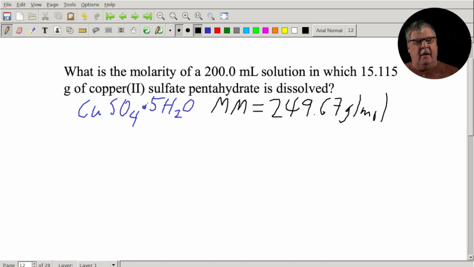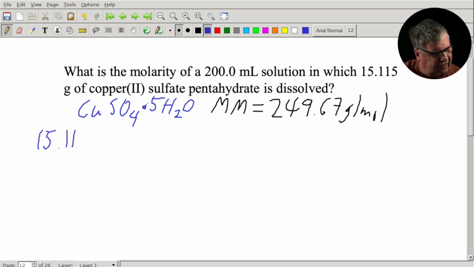All right. So what are we going to do next? We know the molar mass of copper 2 sulfate pentahydrate. We know how much copper 2 sulfate pentahydrate we're weighing out. How do we get number of moles from mass and molar mass? Yes.